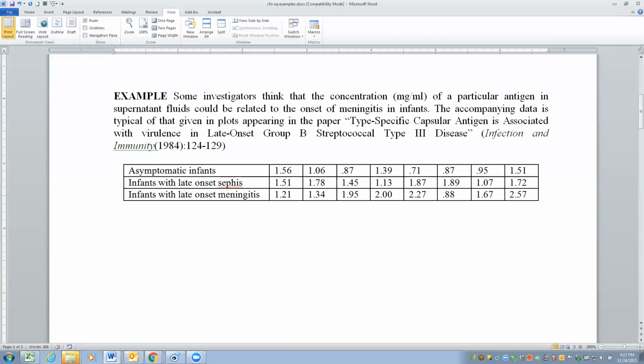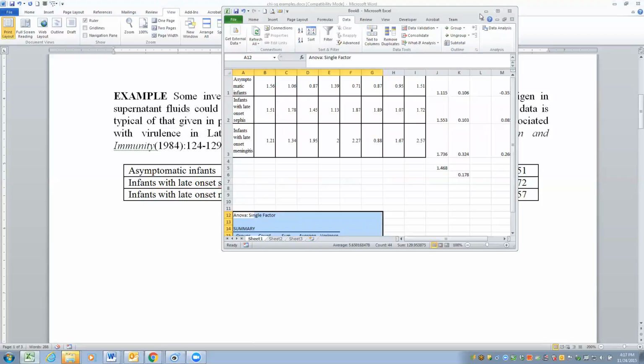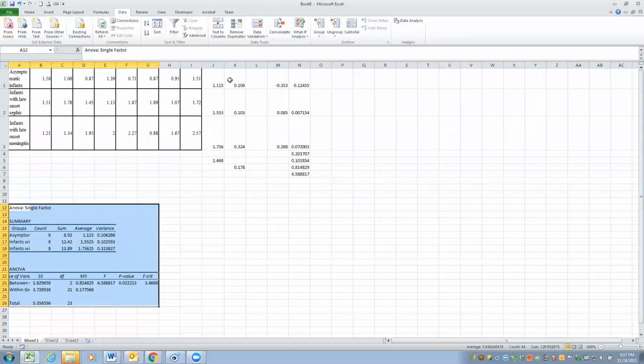If we take the set of numbers and plug it into a calculational formula, we can see that the average for X sub A is 1.115. For sepsis it is 1.553. And for meningitis it is 1.736.